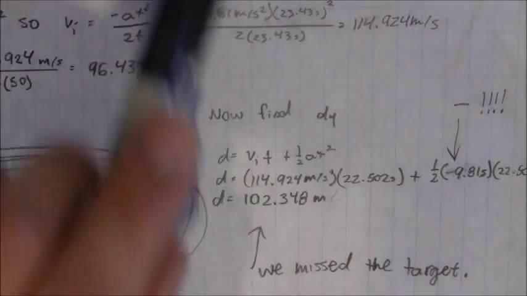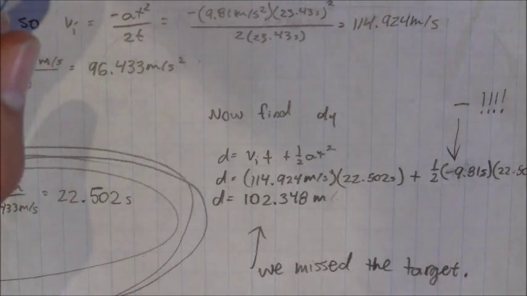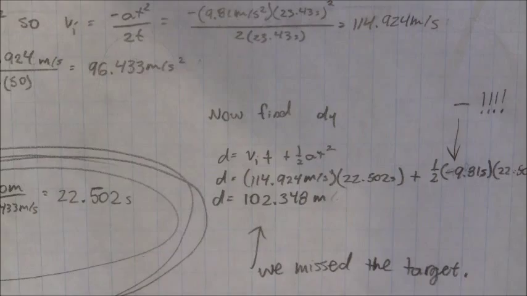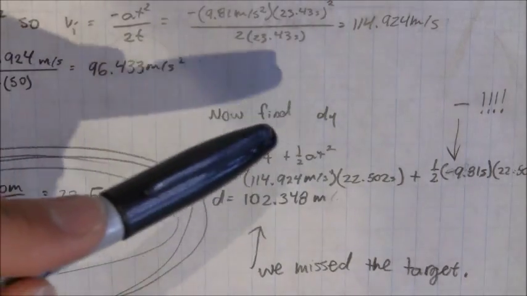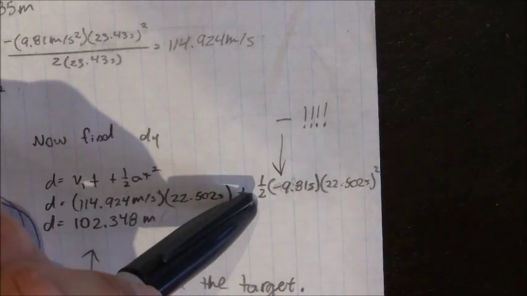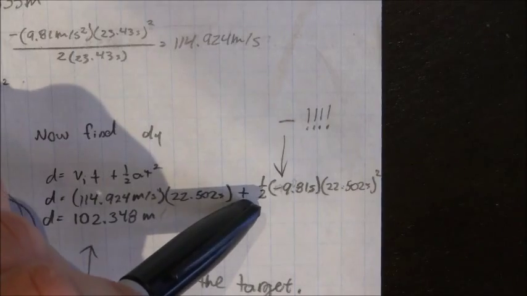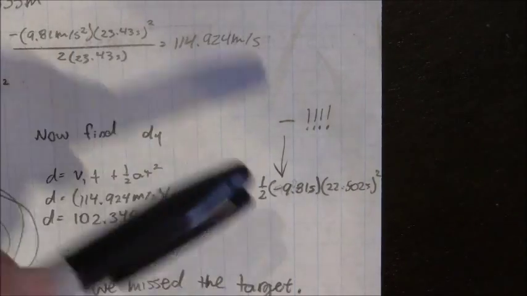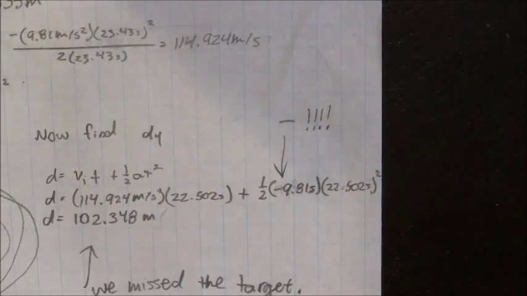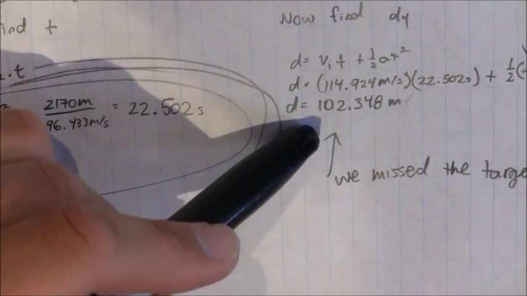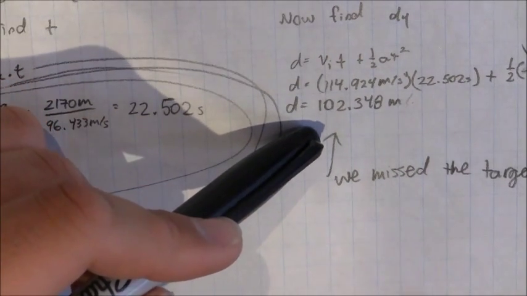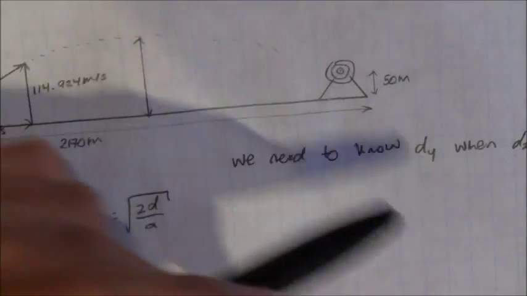The time when we hit the target, 22.5 seconds. And this is just the rest of plugging it in. 1/2 times negative 9.81 meters per second squared times the time squared. And we can find our vertical distance when we know our horizontal distance.